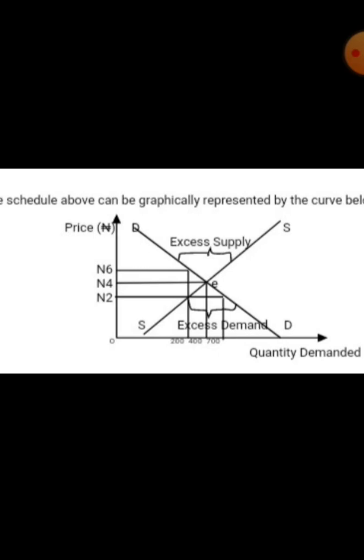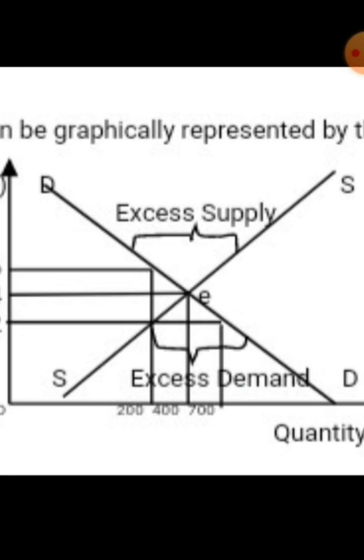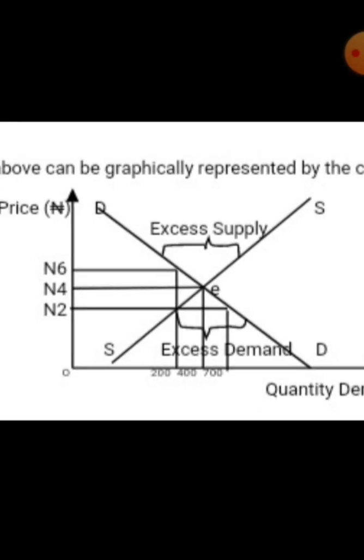For that one, we'll be having 500. If you bring it down, that will give us between 500 and 600. That is what will be our equilibrium quantity demanded and supplied. Now, what exactly are we to really get here? You should be able to locate what your excess supply is, what your excess demand is, and what your equilibrium price is.